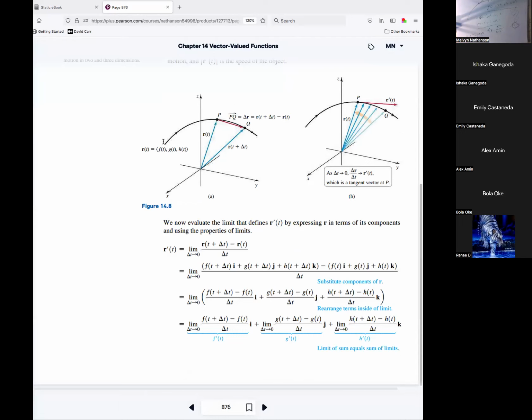So r of t is this particle moving in space like this, and here's this position p at time t. At a small time delta t later, here's the position at t plus delta t. And if you take the vector from p to q, that's this difference. It's the vector from the position at t to the position at time t plus delta t. If you multiply by the scalar 1 over delta t, you've normalized this tangent vector a little bit.